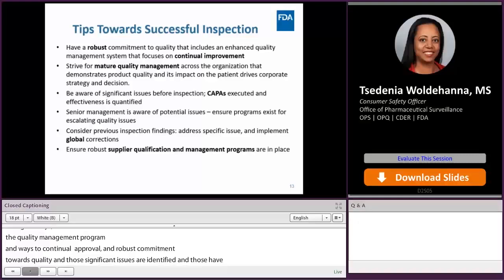And as you can see, we're trying to take a look at this across trends. So it is also important that you look at global corrections, issues that are occurring on one of your sites versus other sites.